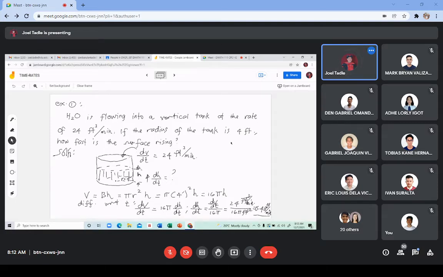Then solve for dh over dt, the rate of rising of the water. So dV over dt is given, 24 cubic feet per minute. So we can solve dh over dt. Our dh over dt is equivalent to 0.48 feet per minute.